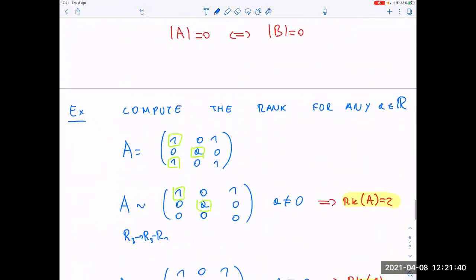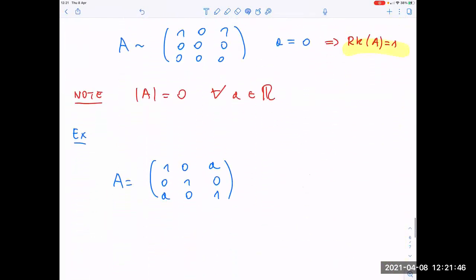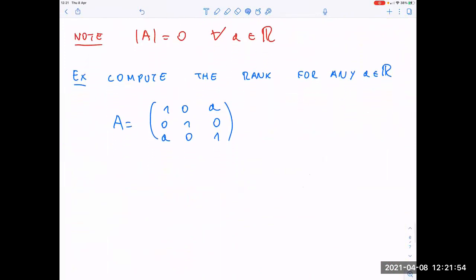And then we ask the same question. So let me copy it so it will be easier if you ever need to read this again. So we want to compute the rank for any A in R. So what can you tell me about the rank of this matrix when A varies in R?